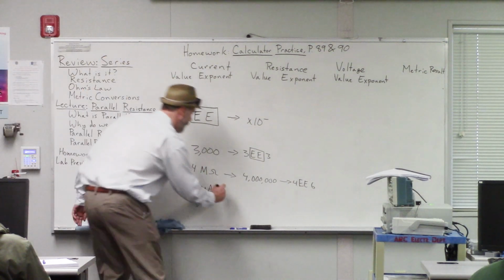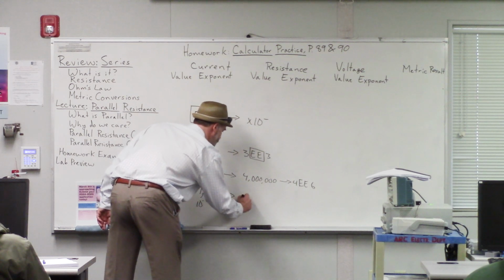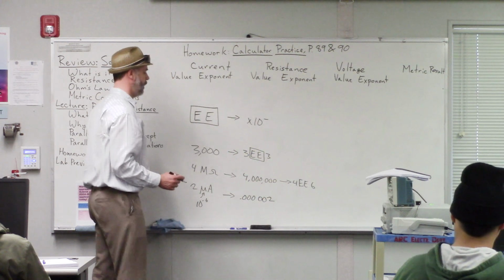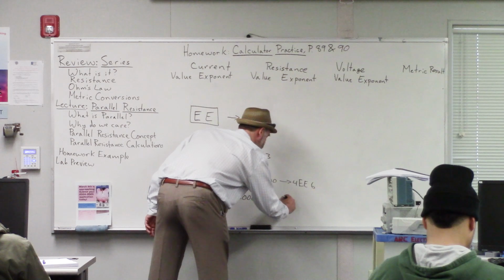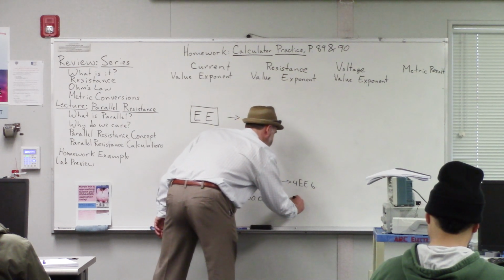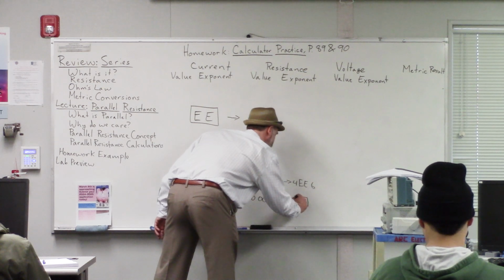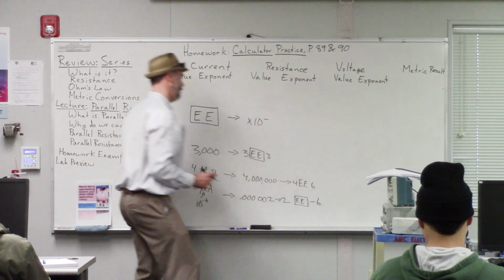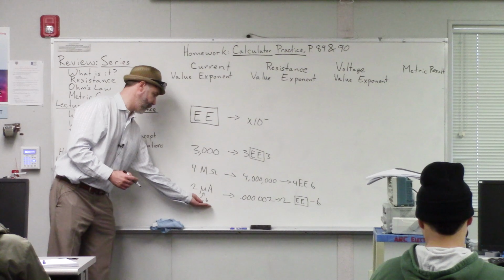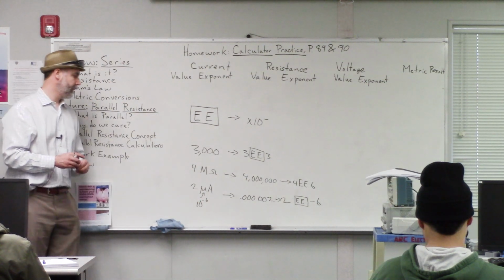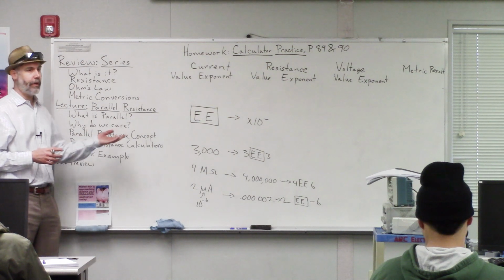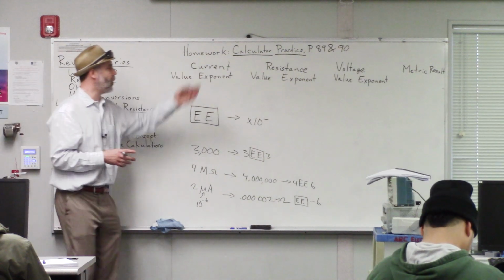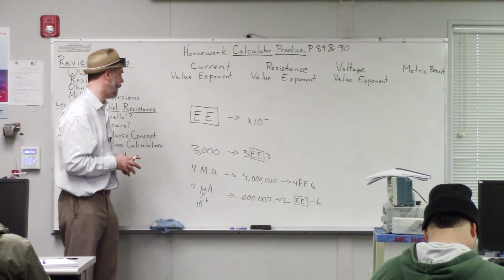So you could write this as 0.000002, or you could write 2 and then use that EE button again, and then minus 6, okay? Because we're multiplying by 10 to the minus 6th here. So this is how you can use your calculator to write really big or really small numbers. So this homework gives you a chance to practice that a little bit, okay?